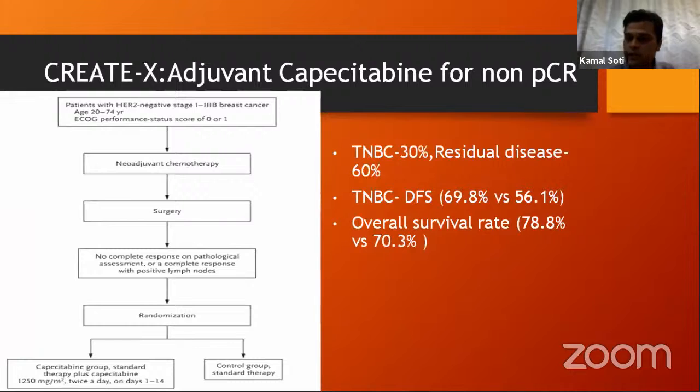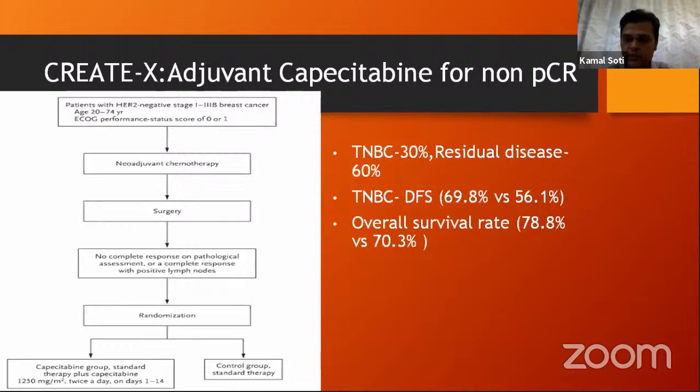So they took stage 1 to stage 3 breast carcinoma patients, HER2 negative, and neoadjuvant chemotherapy was given. After that, the patient was taken to surgery, and they studied the pathological response in those patients. Whichever patients had residual disease were subjected to either the capecitabine arm or a standard group therapy with hormonal therapy.